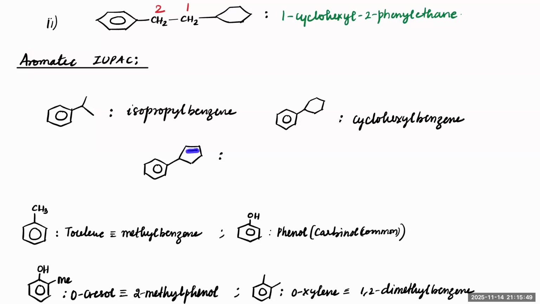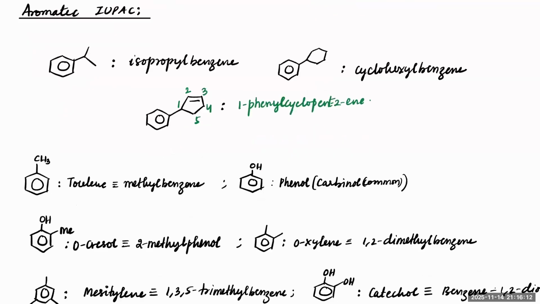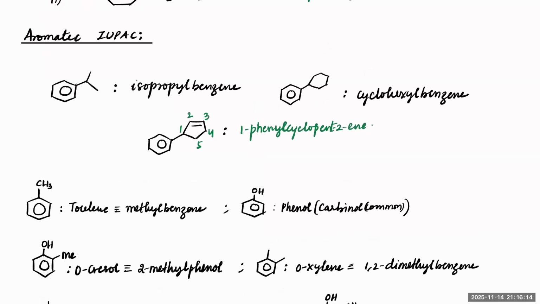But if a double bond is there, then that will become the priority ring. So now the numbering will be 1, 2, 3, 4, 5. So it is 1-phenyl. IUPAC wise, this will become 1-phenyl cyclopent-2-ene. Okay. That would be the highest priority.